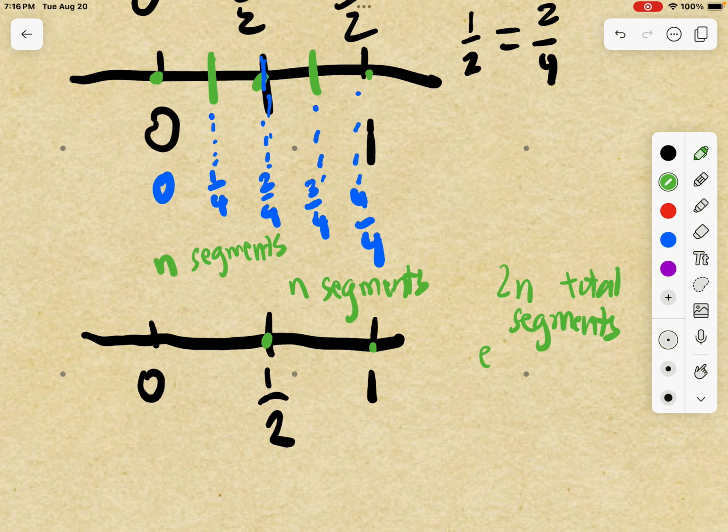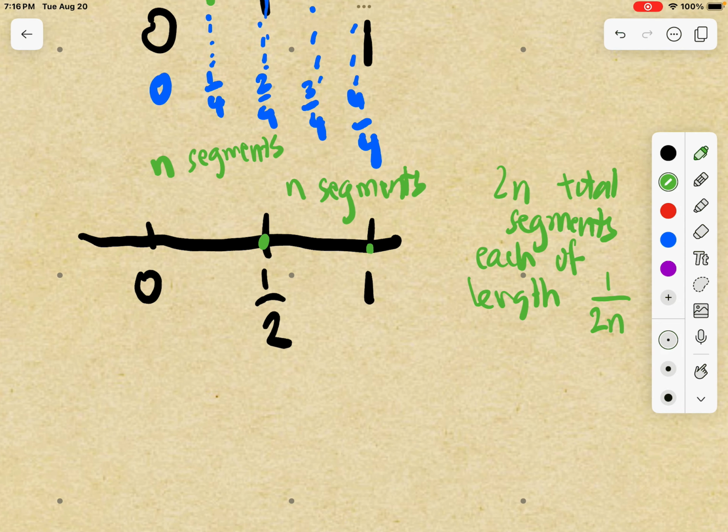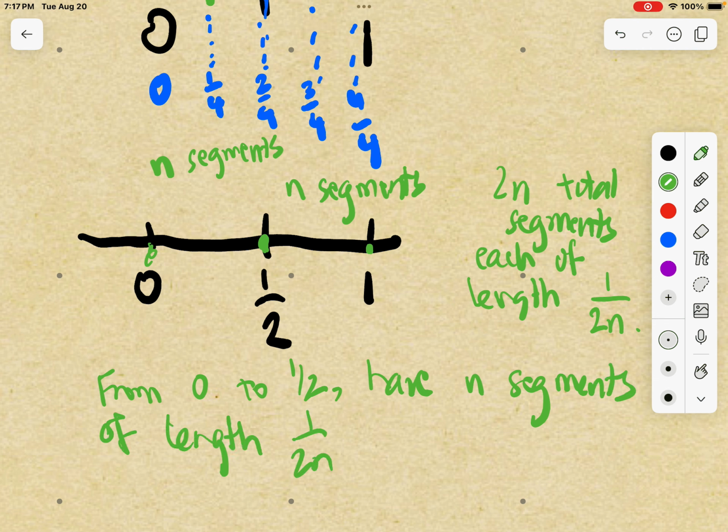And each segment has length 1 over 2n. So from 0 to 1/2, you have n segments of length 1 over 2n.